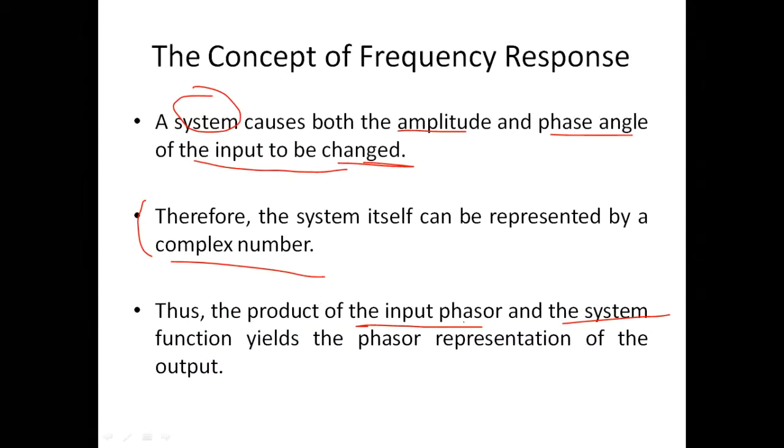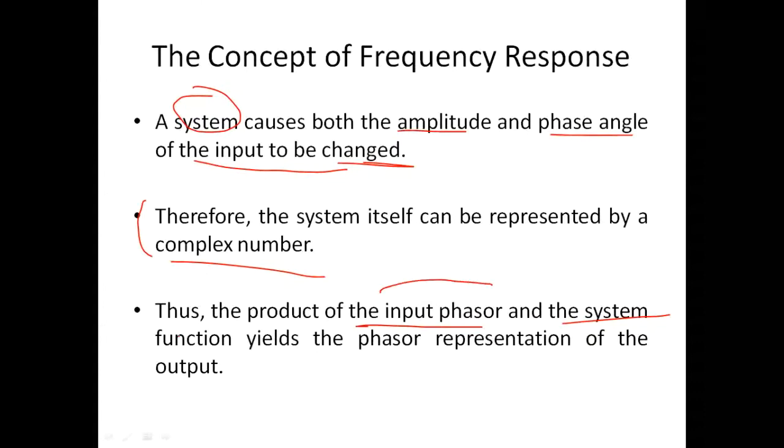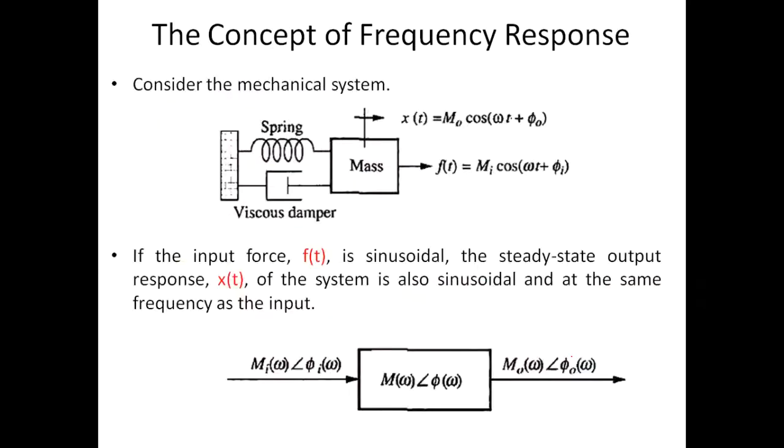So the product of the input phasor and the system function is the phasor representation of the output. As an example, here we consider this mechanical system, and the excitation for this mechanical system is the force.